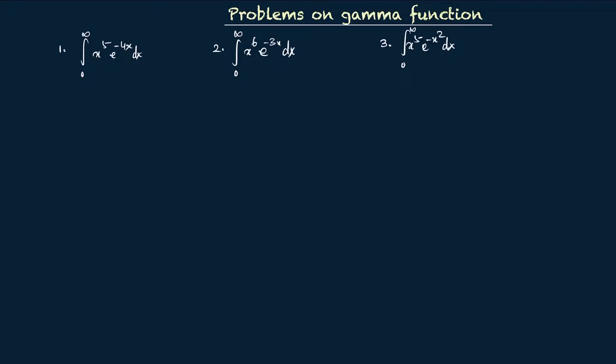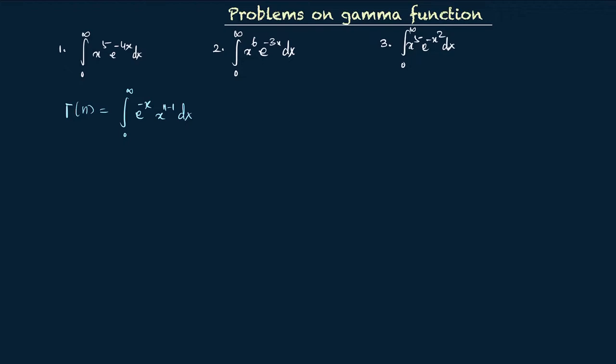Before starting, I am going to write down the definition. Gamma of n is the integral with lower limit 0 and upper limit infinity of e to the power negative x times x to the power n minus 1 dx.